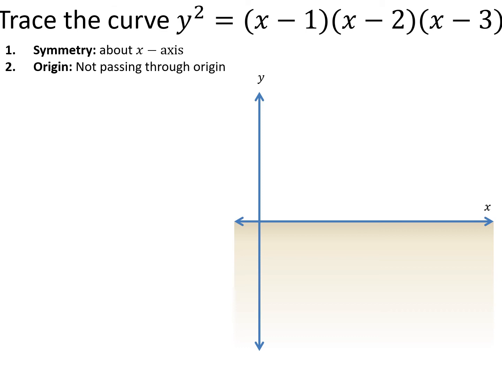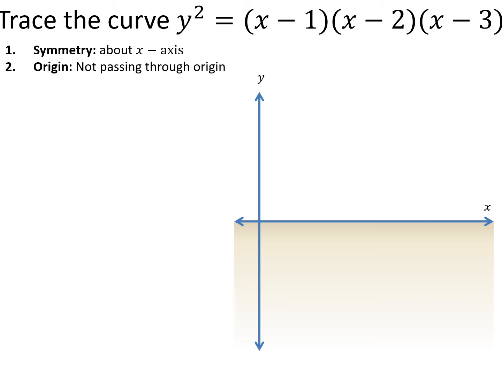But if we put x equal to 0, then the right hand side is minus 1 into minus 2 into minus 3. Altogether it is minus 6. So if we put x and y both as 0, we will get 0 is equal to minus 6, which is not possible. Hence the curve equation is not satisfied by the origin point, that is 0, 0. So the curve will not pass through the origin.